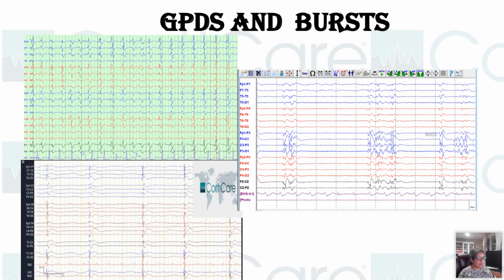At the bottom one, they are not appearing as periodic as on the top, but nonetheless they are still periodic. We love to call it quasi-periodic. The newer term for quasi-periodic is fluctuating. They are fluctuating in their duration, in their frequency, and even the suppression is variable.